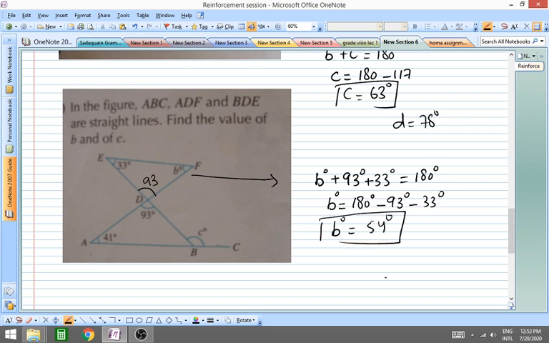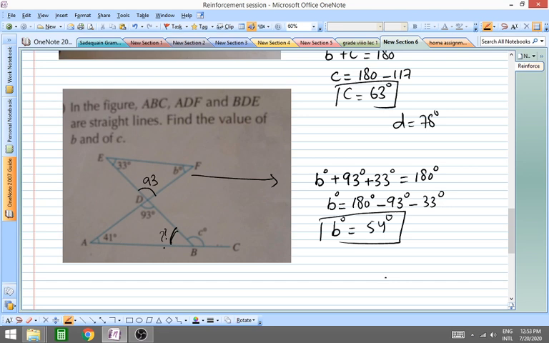Now how to find the value of C? In order to find the value of C, one must find this section first, again by the definition of sum of angles in a triangle. This portion will be found, then it will be subtracted from 180, as the total angle in a straight line is also 180. So first I am trying to find this unknown part, again by using the formula.